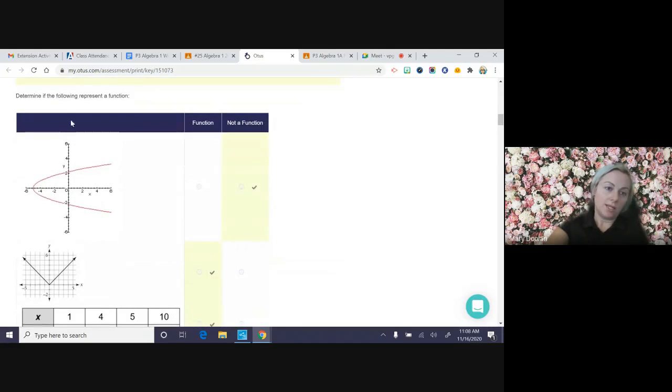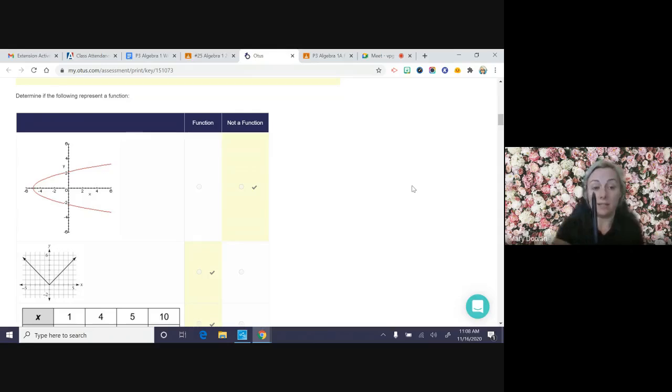Then you have these ones here, determine if the following represent a function. So when we learned about functions, if you guys remember, we talked about something called the vertical line test, where if you have a graph, a picture of something, and you want to know if it's a function, imagine a pencil going vertically across, and you want to think, does it ever touch my graph in more than one spot at any one time?